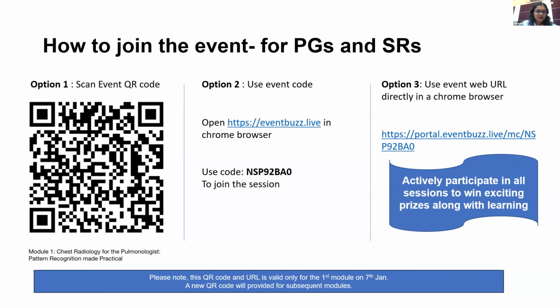I'll take a pause here for around 2 to 3 minutes. I'll request you all to please scan this QR code. Each doctor, each PG or SR who is attending this session, please scan this QR code. Alternatively, you can log into eventbuzz.live and use the code NSP92BA0. So the QR code is the easiest option.